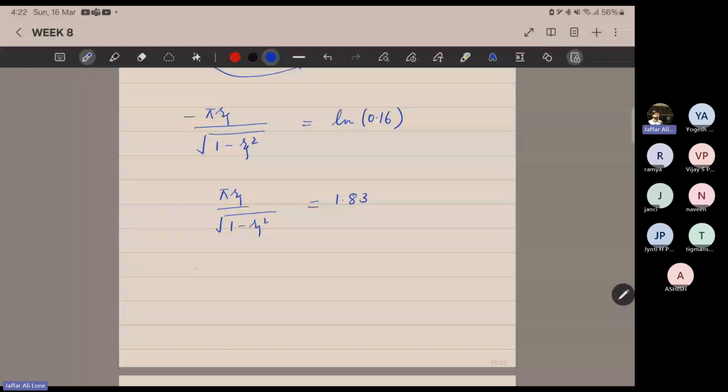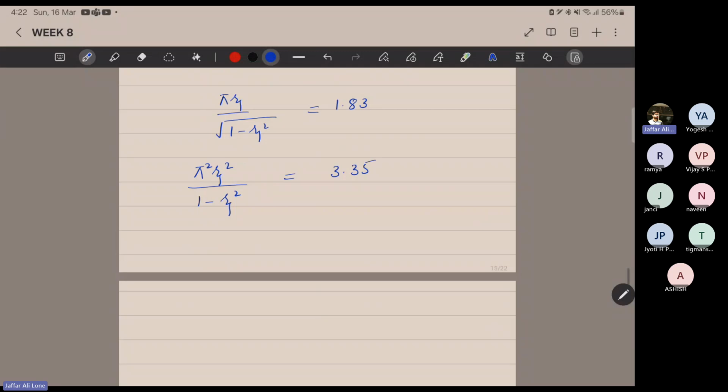So it will be just squaring it, 3.35. And after multiplying, this will be 3.35 minus zeta square into 3.35, pi square zeta square.